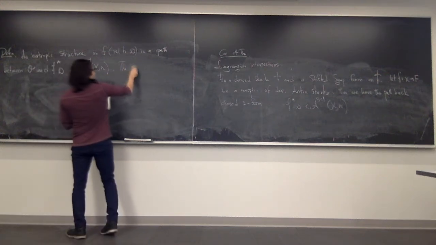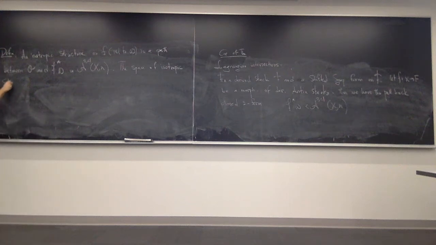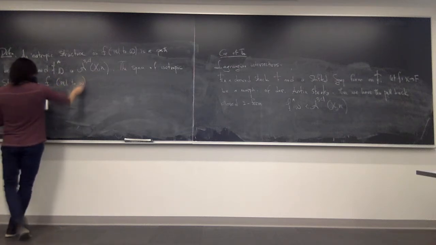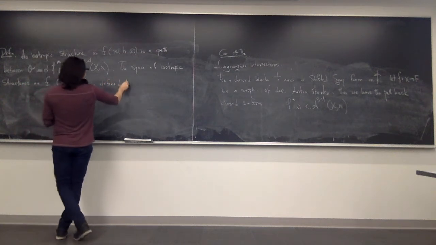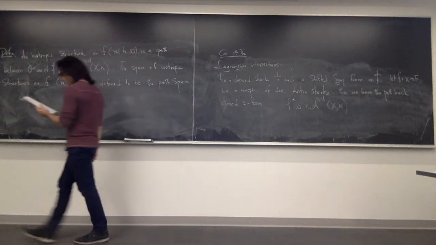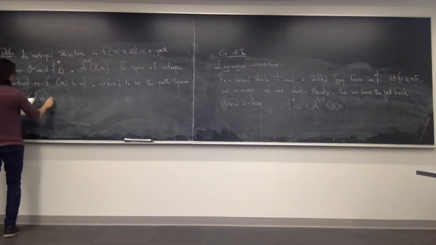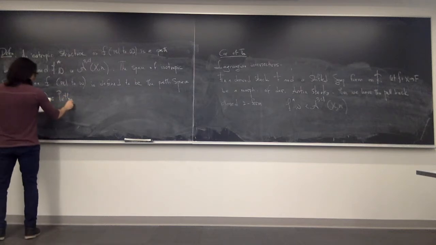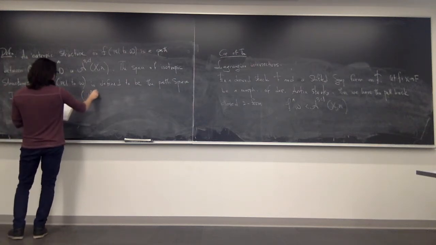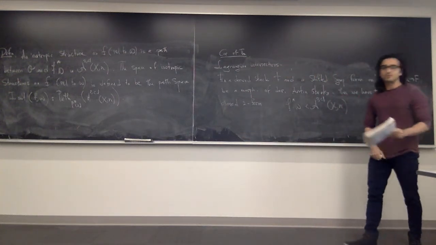The space of isotropic structures on f relative to omega is defined to be the path space of paths between O and f star of omega inside here.